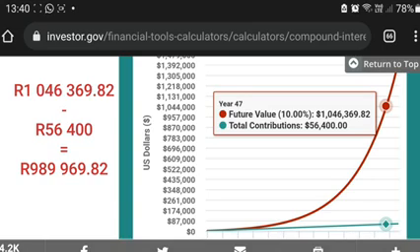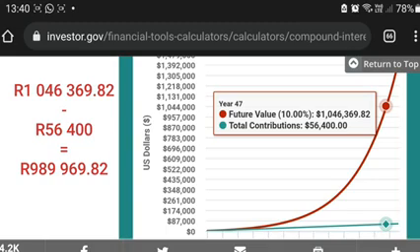So you contributed this tiny portion of 56,400 over these 47 years. But interest did the heavy lifting for you and brought in 989,969 Rand.